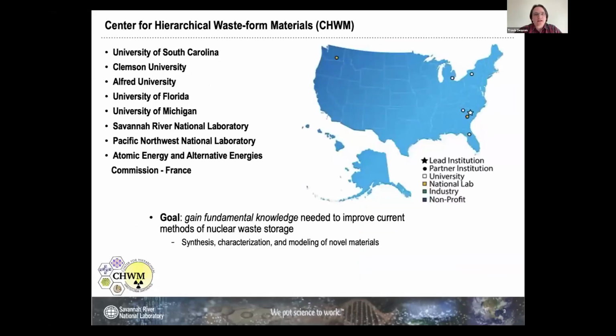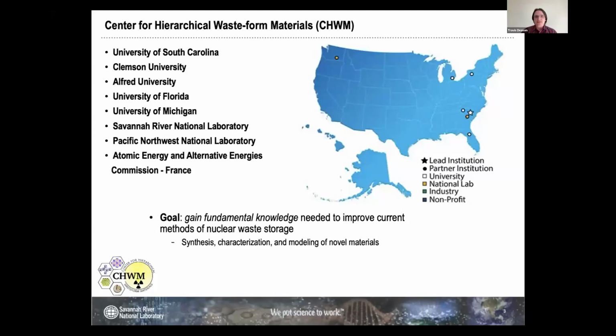So we are part of an EFRC along with 9 other institutions. And the goal of this EFRC is to gain some fundamental knowledge needed to improve the current methods of nuclear waste storage.